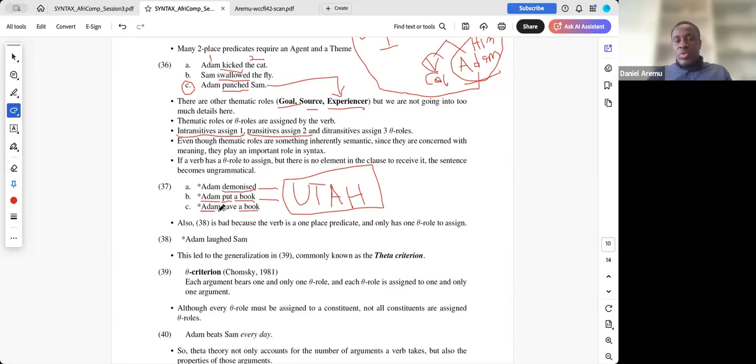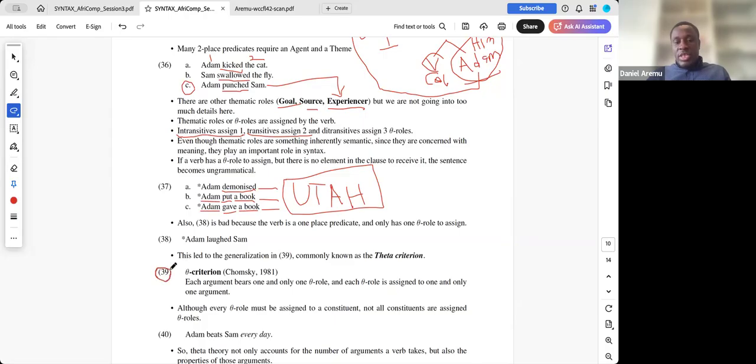Two arguments, but we know that the verb give is a three-place predicate. Adam gave a book to Sam. Again, because there is a theta role that is not assigned, this derivation crashes. And all this leads to what we have in 39, the theta role criterion, or the theta criterion.